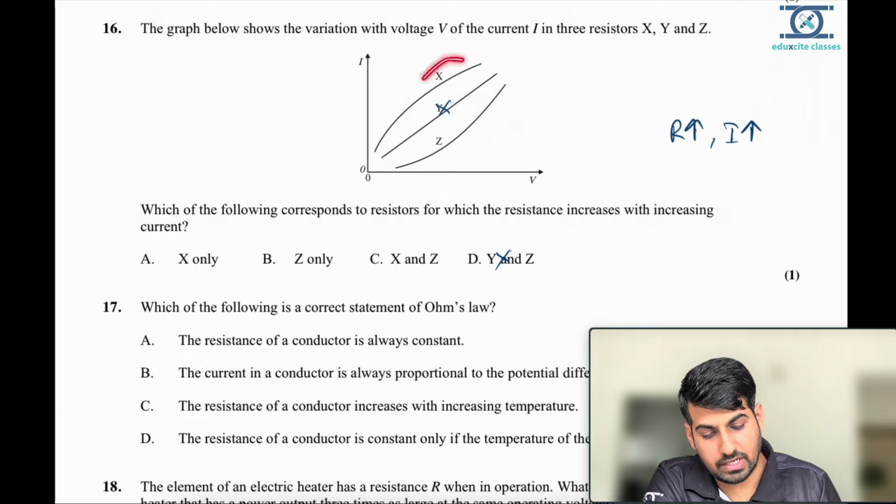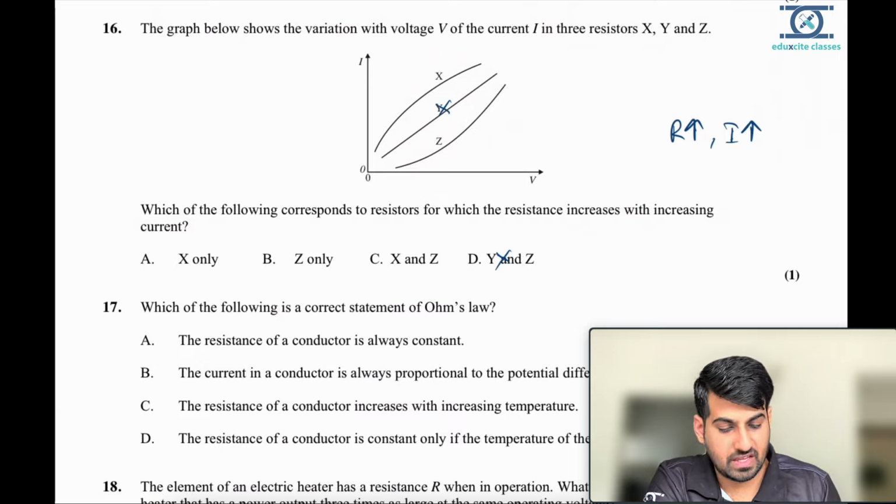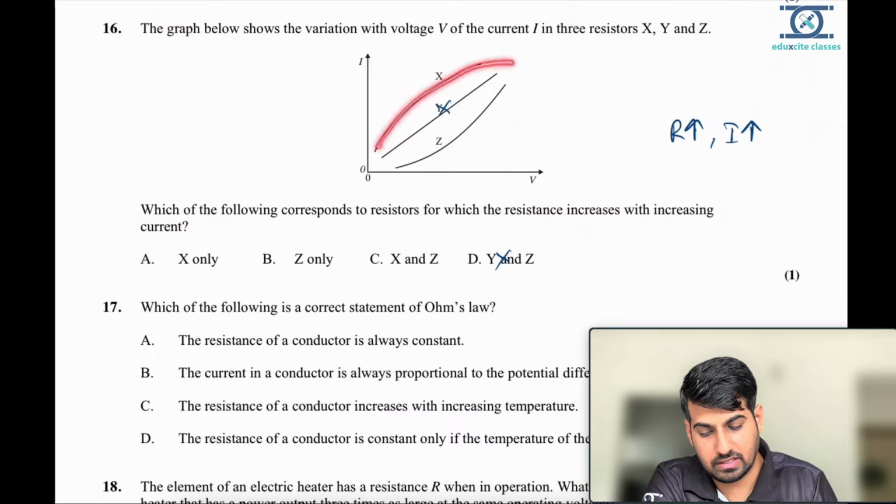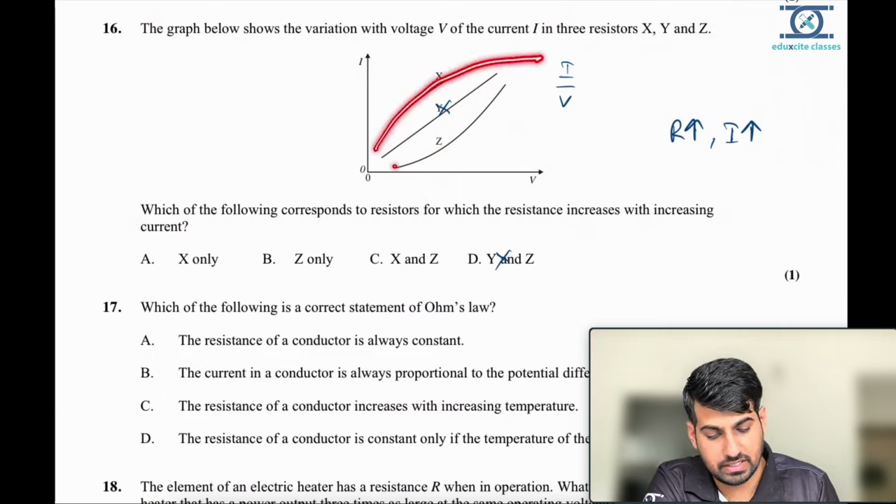Now look at X and Z, what is happening. Now if you look, this is I versus V graph. Okay, so I versus V graph, and you see the gradient is decreasing. So this is I by V. Now if you see here, the gradient is decreasing, here the gradient is increasing. So X is what? Gradient is decreasing, it means the ratio of I versus V is what?